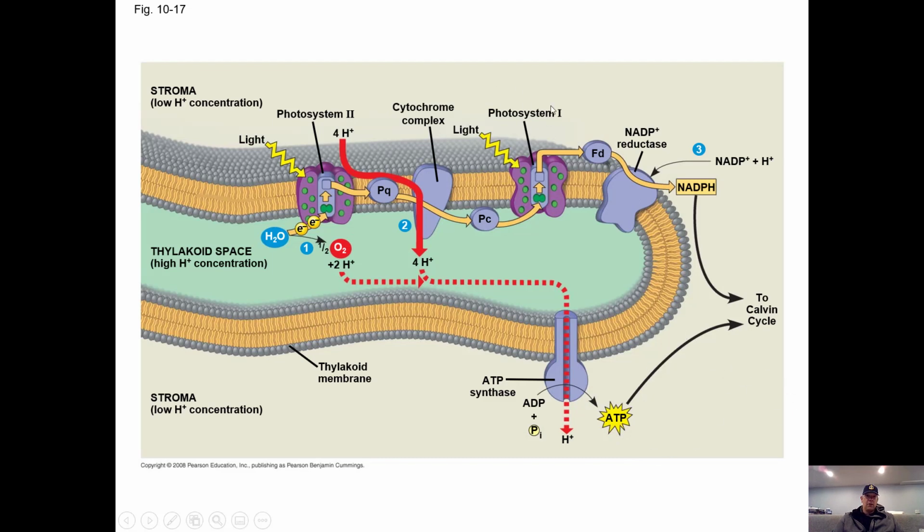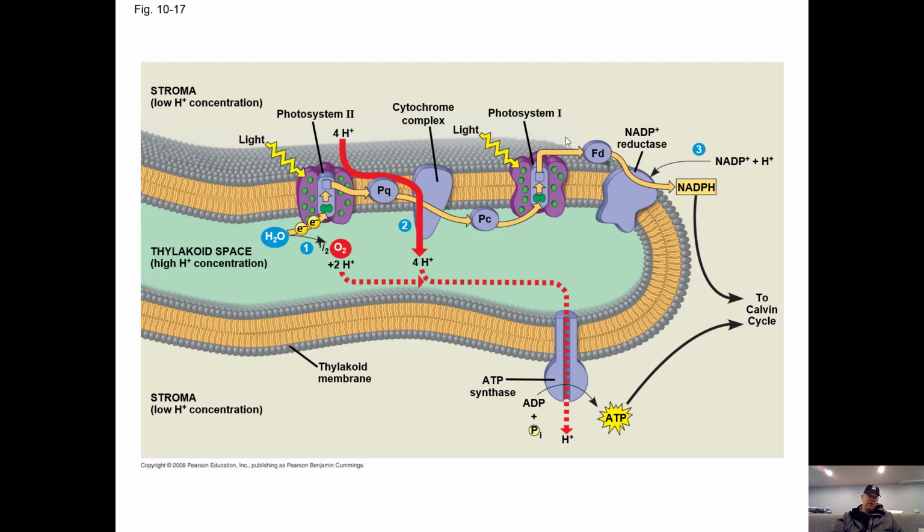So the electrons keep moving on to another photosystem. We started out with photosystem 2, and then we go to photosystem 1. Photosystem 1 was found first, then they figured out there was another photosystem, photosystem 2. Anyway, light hits photosystem 1, and those electrons get excited.